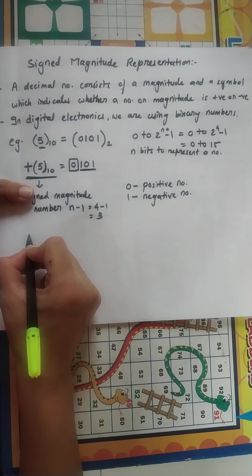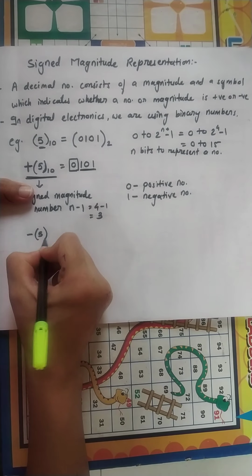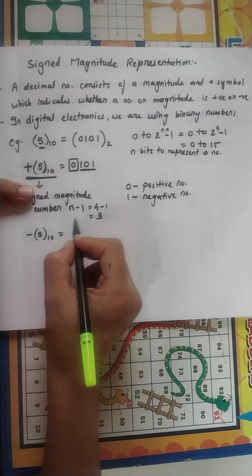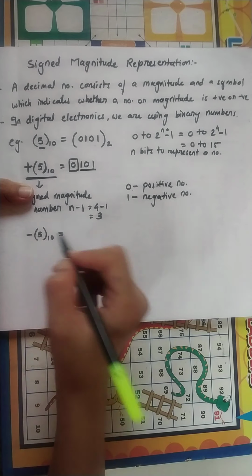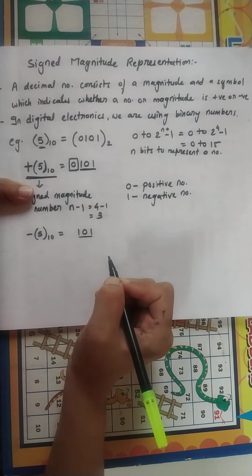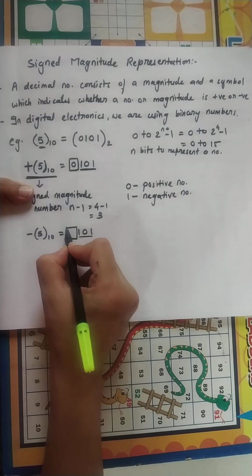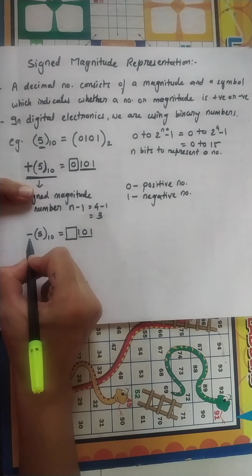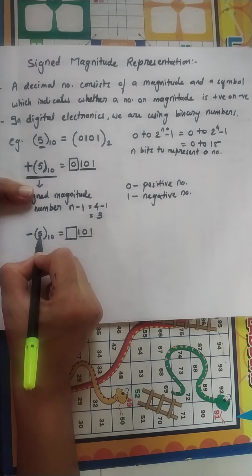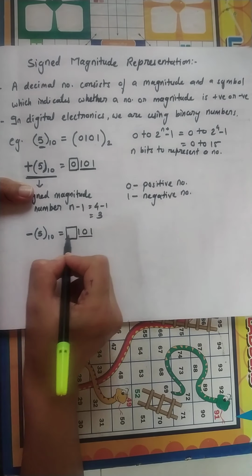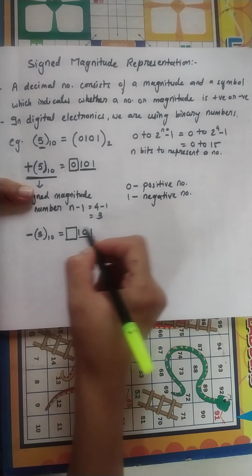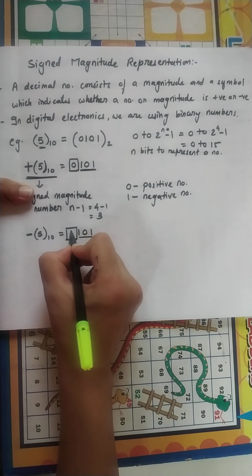Again I will take the next example. Minus 5 I have to represent. So I have magnitude 5 with a minus sign. Out of 4 bits, I can use the 3 LSB bits for representing the number 5, and I leave the MSB bit blank. Why? Since it depends on the symbol of the magnitude. Here the minus sign is there, and in a signed magnitude number the representation for a negative number is 1, so I'll put 1 here.